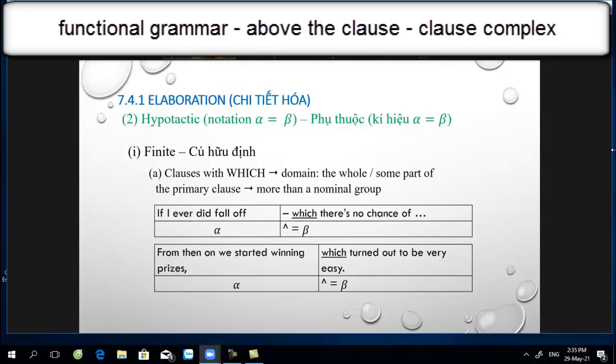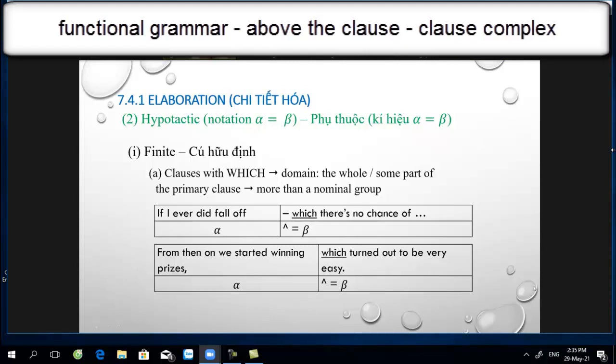Can you ask your question again for me? Okay. Which part of the first clause does which modify for? If I ever did fall off. Okay, so the whole clause, right? Yeah, the whole clause. Okay. I have the same idea.